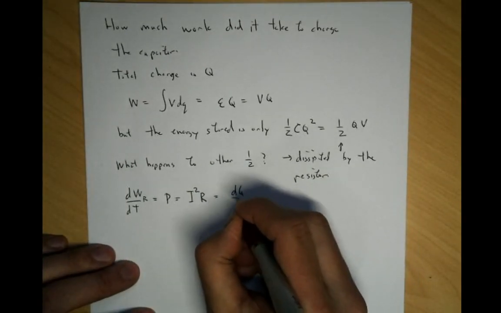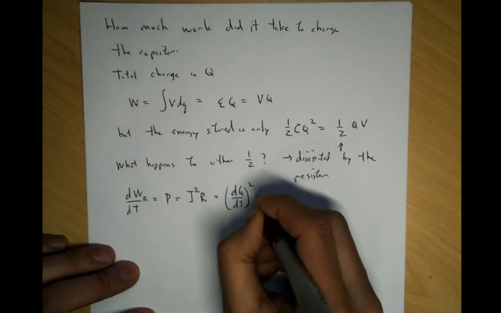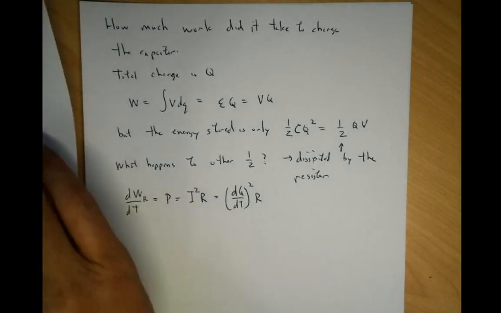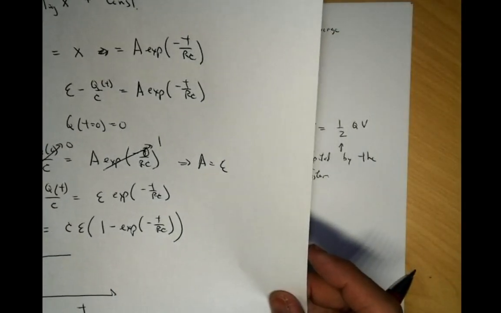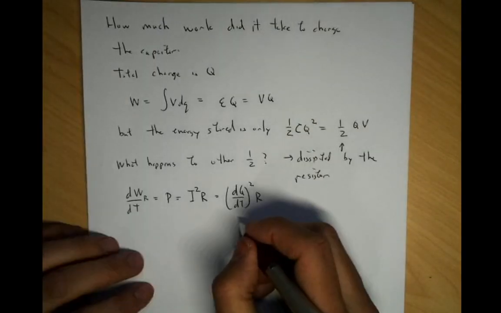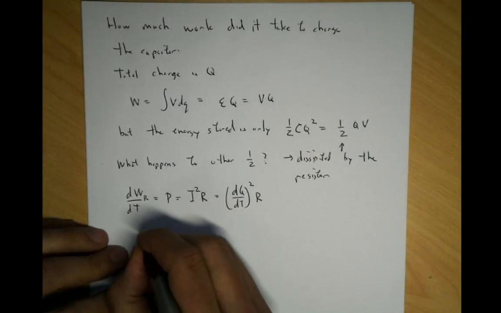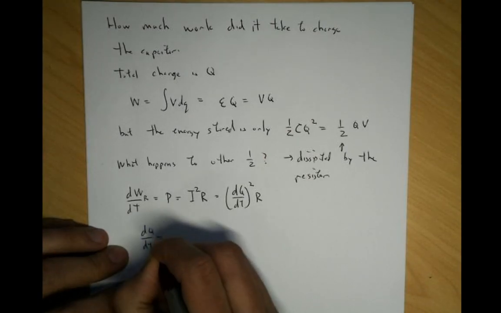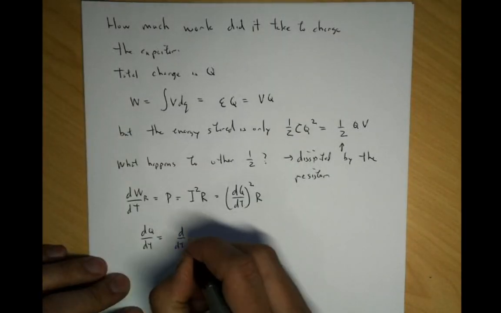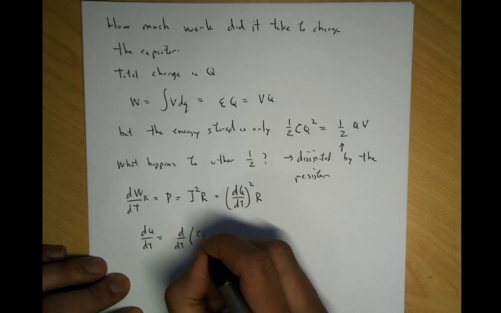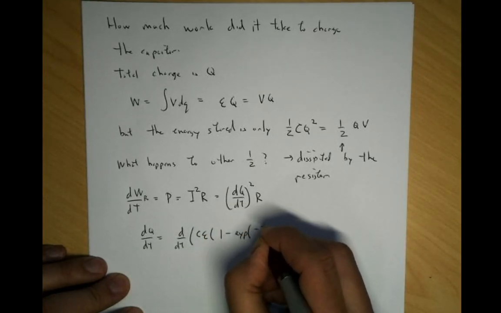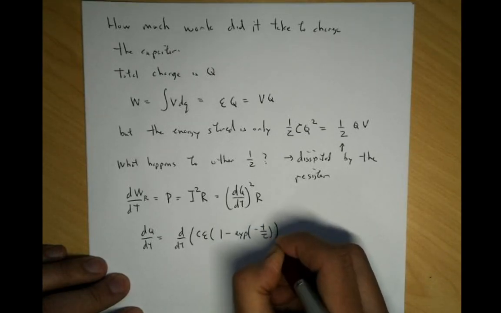This is (dq/dt) squared times R. If we look at what dq/dt was, it's d by dt of C epsilon times (1 minus exponent minus t over tau), just call it over tau to keep it simple.